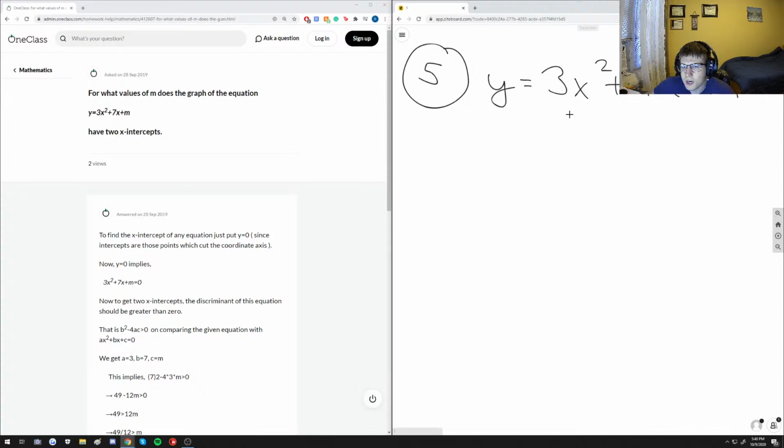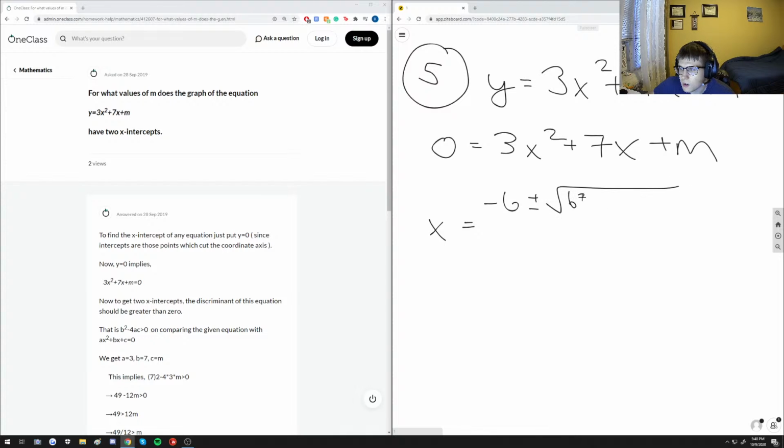And we want to find what is this m value that gives us 2 x-intercepts, or in other words, 2 roots. So what this implies is that if we were to set this equal to 0, as we would do to find what the roots are of any quadratic equation, we can bust out the quadratic formula. So x is equal to negative b plus or minus the square root of b squared minus 4ac all over 2a.